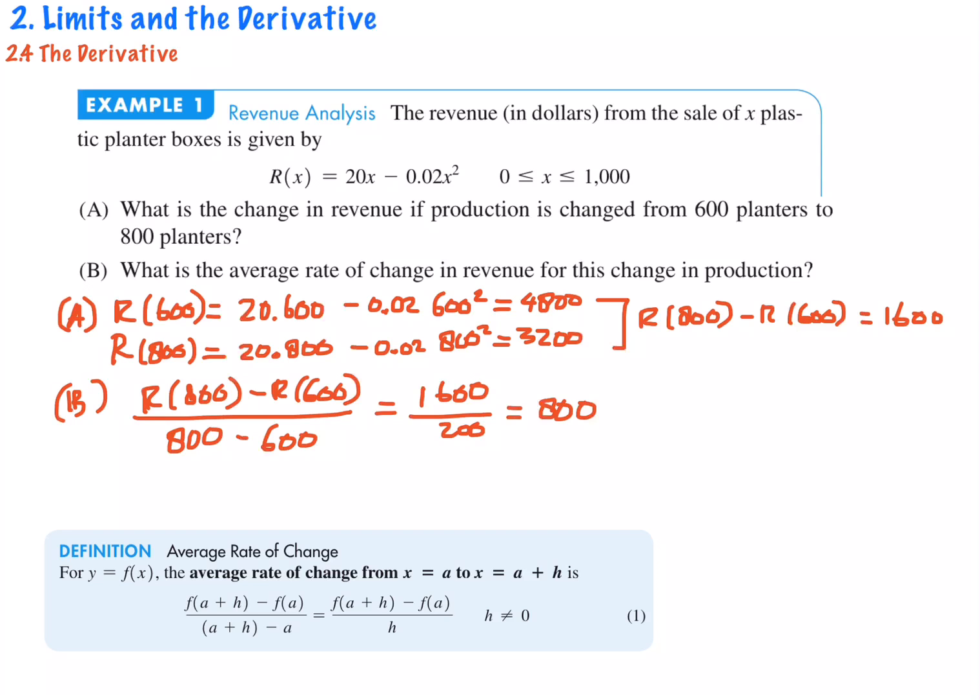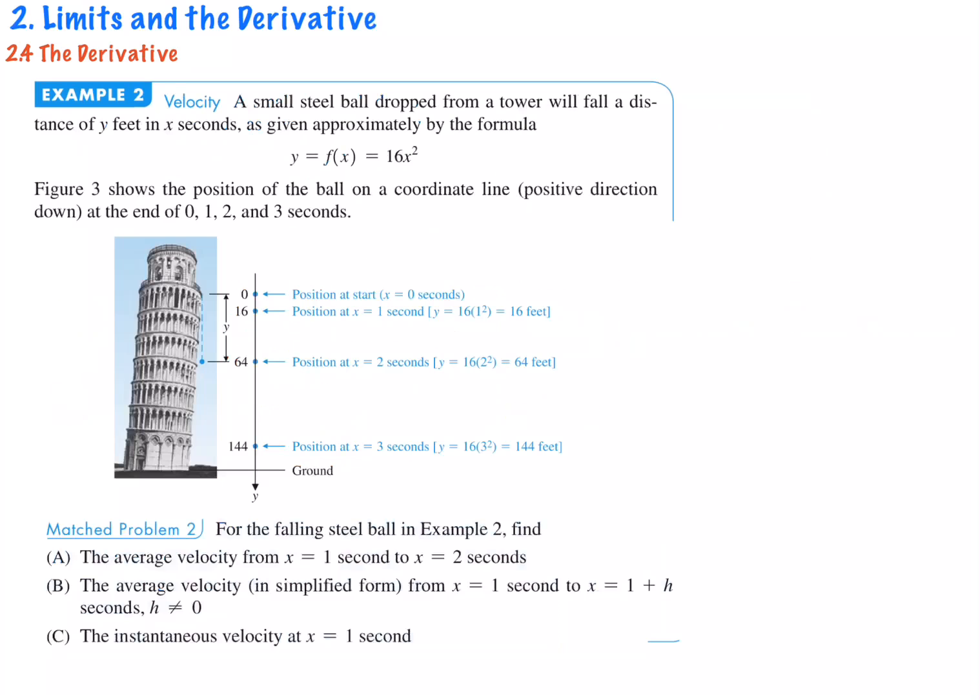So let's put it in the velocity example. This is the case of velocity. A small steel ball dropped from a tower will fall a distance of y feet in x seconds by this formula: f of x equals 16x squared. Now figure 3, which is this one, shows the positions of the ball at 0, 1, 2 and 3 seconds.